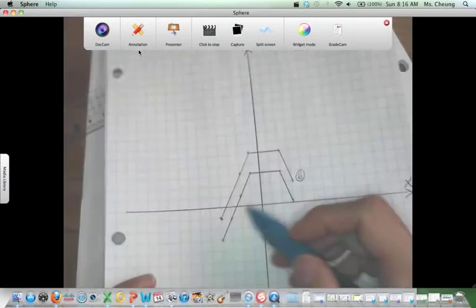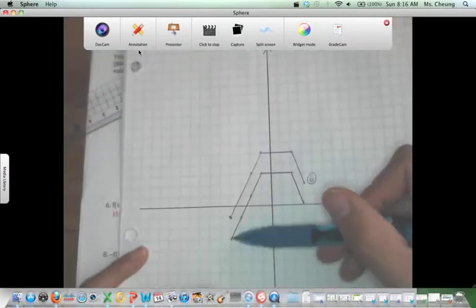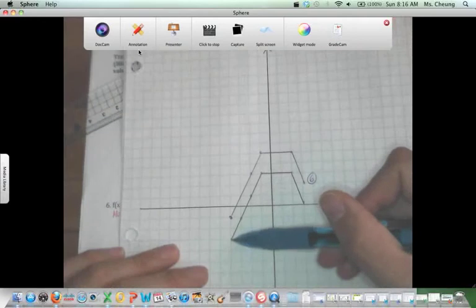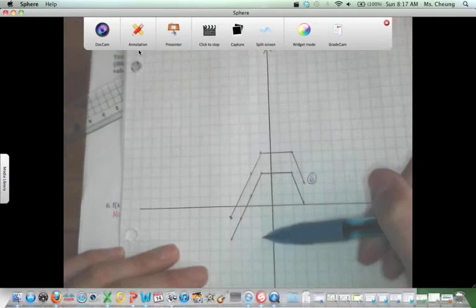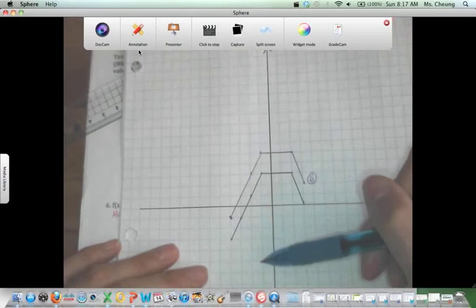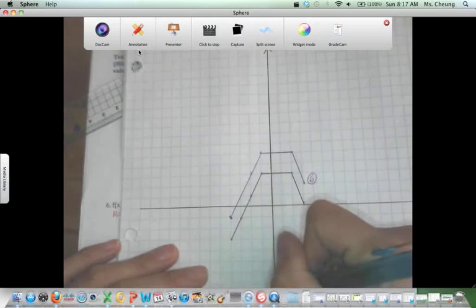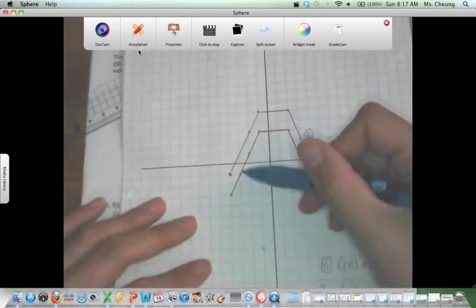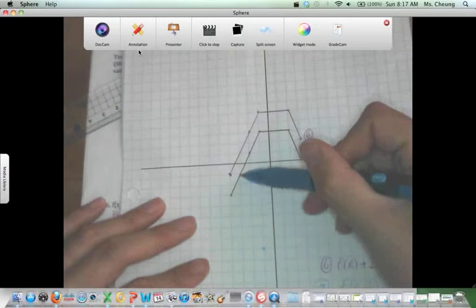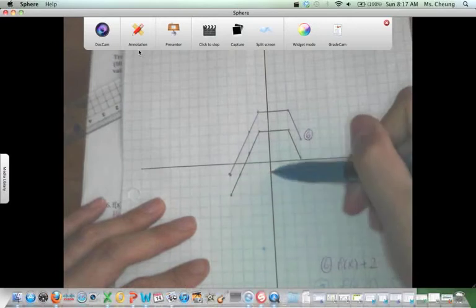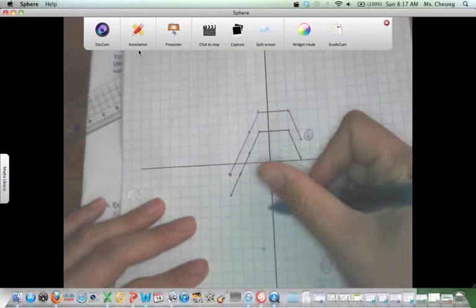So you have this graph, and you move to the right by 3: 1, 2, 3. At the same time, you move down by 5: 1, 2, 3, 4, 5. So this is the first point. The second point, move to the right by 3, 1, 2, 3, and then down by 5, 1, 2, 3, 4, 5.